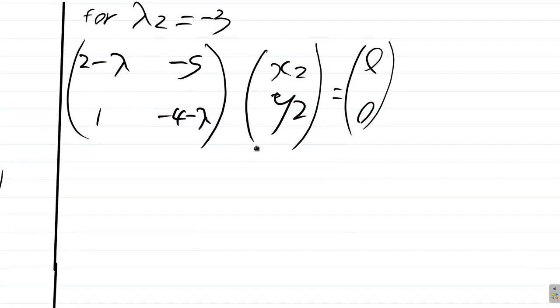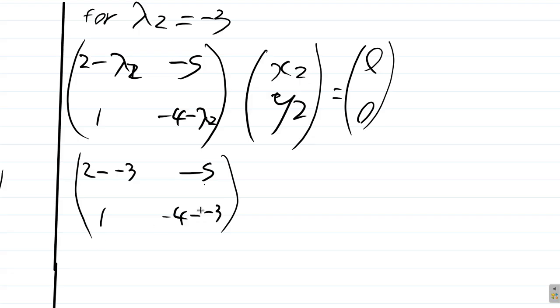Alright? Now, lambda is negative 3, well, it would be lambda 2. So 2 minus negative 3, negative 5, 1, negative 4 minus negative 3, times x2, y2 equals 0, 0.